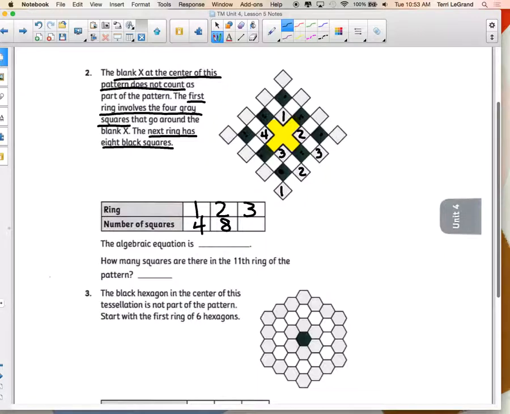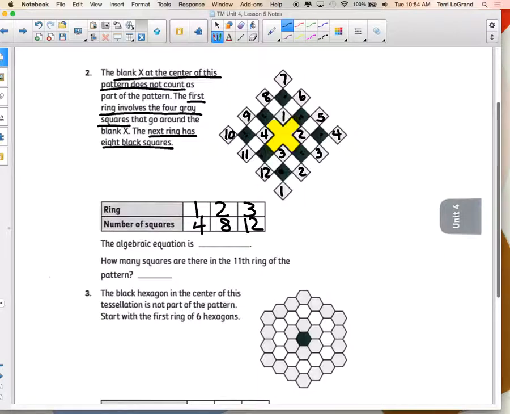We're in the third ring right now. How many did you get? 12. We should have gotten 12 of them. So we're going to put in our table that ring 3 has 12 squares, okay?